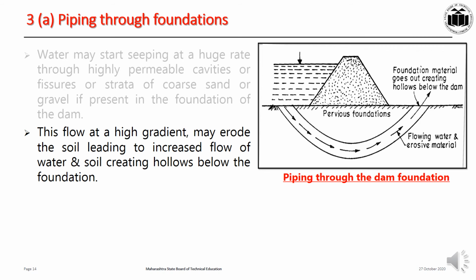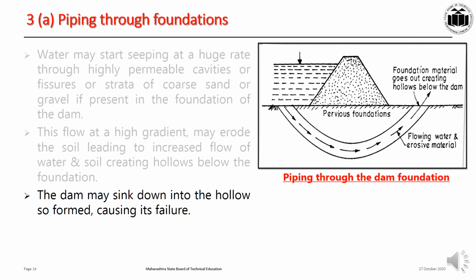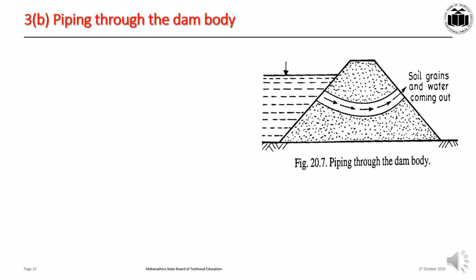This flow at a high gradient may erode the soil, leading to increased flow of water and soil, creating hollows in the foundation. There are cavities or hollows created in between the foundation. The dam may sink down into the hollow, causing its failure.